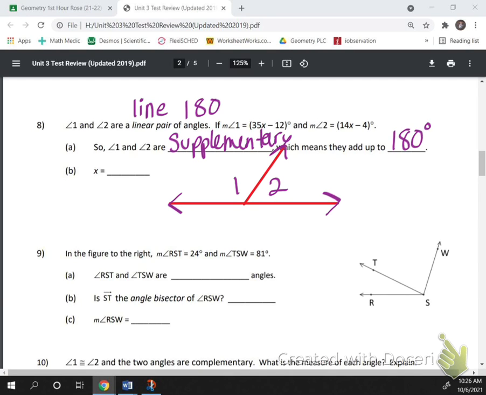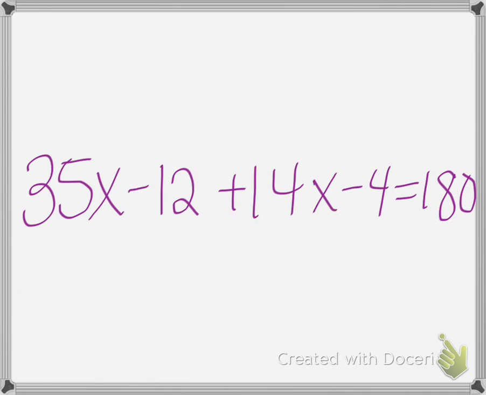What equation would you write and solve to find x? 35x minus 12 plus 14x minus 4, sorry, I ran out of room, equals 180. That's the equation we would set up and solve. Number 8. This is the equation for number 8. Is the answer a decimal? No, I got x equals 4.